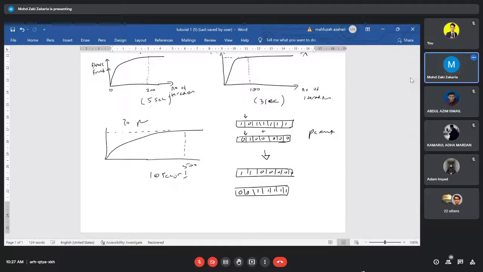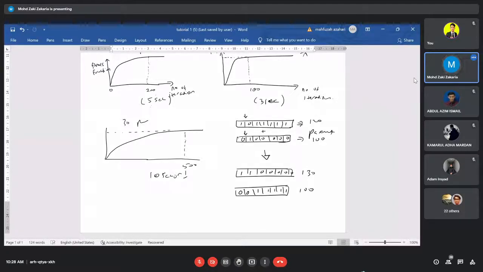And then we evaluate. For example, for 1 0 1 1 1, the decimal value maybe 120. Just put it in. And the second parent maybe 100. So the children maybe this one 130, and this one maybe 100.